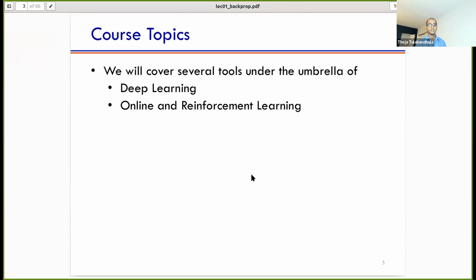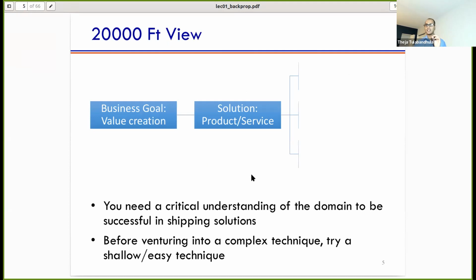Before I talk about these two buckets, deep learning and reinforcement learning, I want to give you a big disclaimer. That's what this slide is about. If you zoom out, the content of this course is very specific. But if you step out one more level from machine learning and look at a solution for a business, a firm's goal is to create value, typically by producing a product or a service.